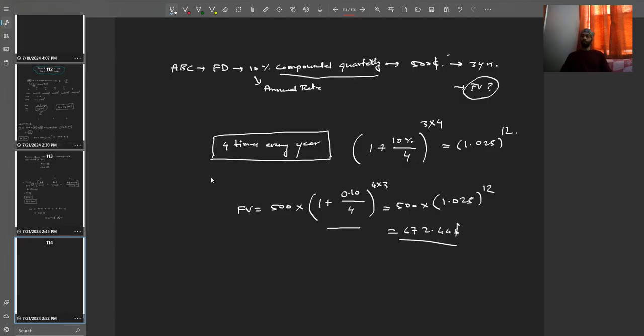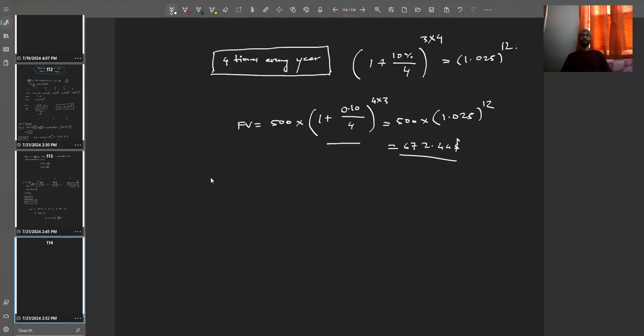Now if you want to generalize this formula, it becomes, there are n periods and the rate R is compounded m times, small m times, every period.